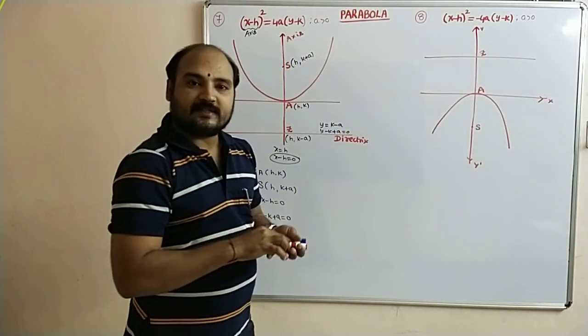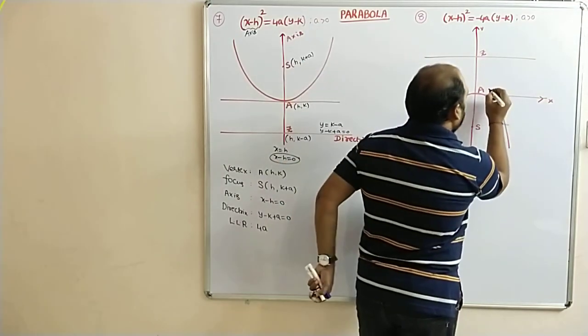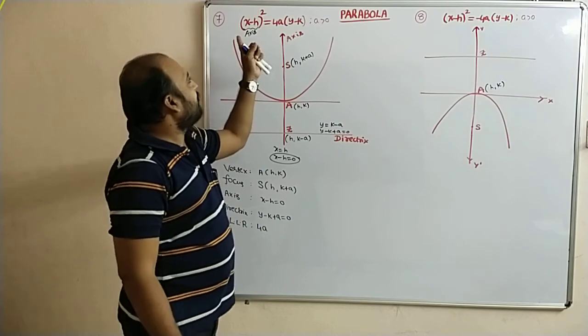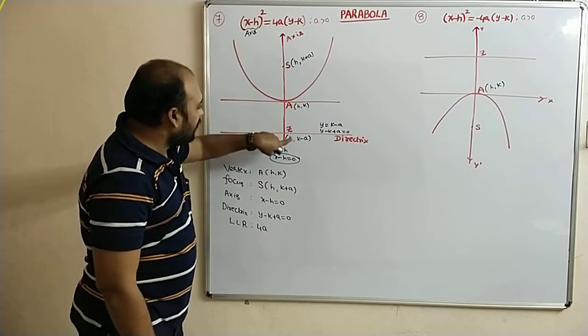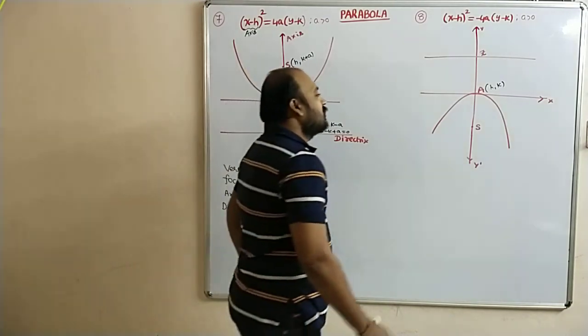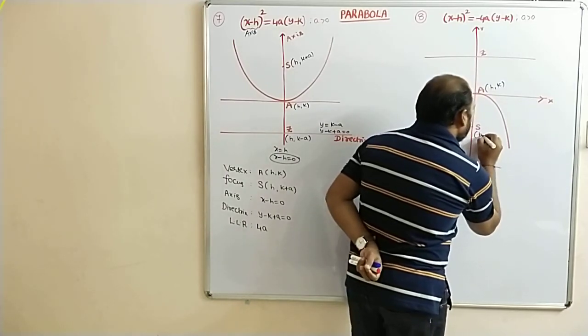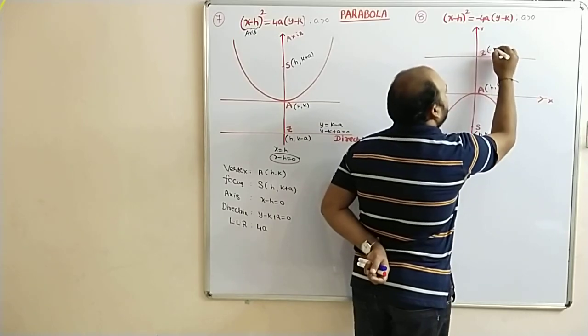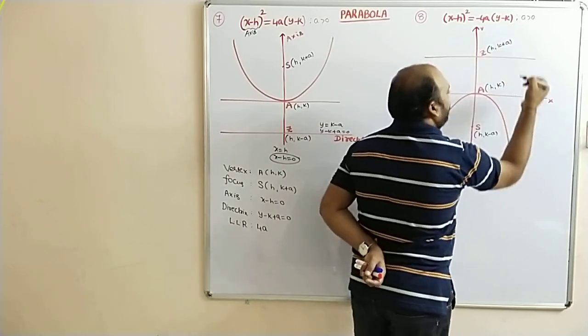So one by one we will discuss. Vertex coordinate is h comma k. I already said that whenever these two are there, just interchange Z and S coordinates. So S will become h comma k minus a, Z is h comma k plus a.